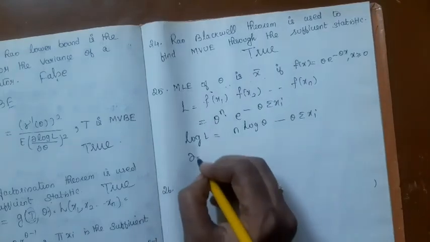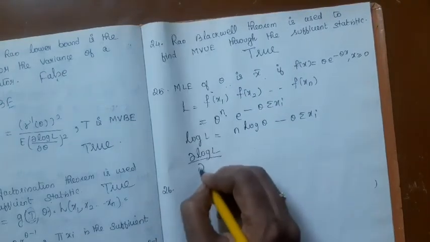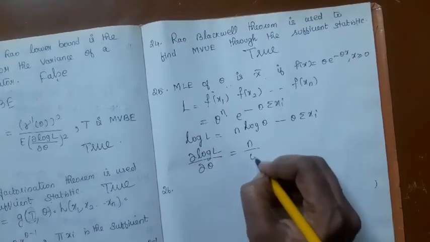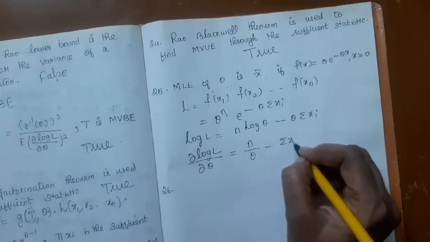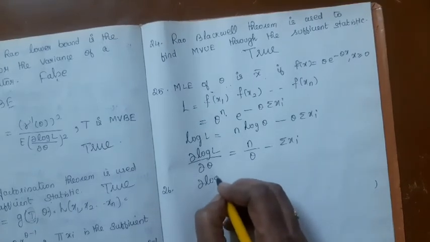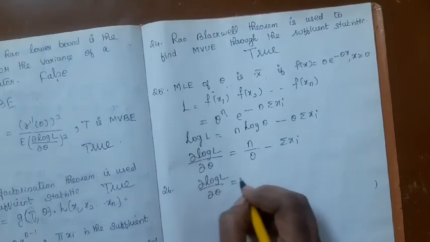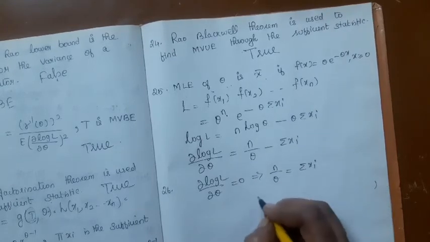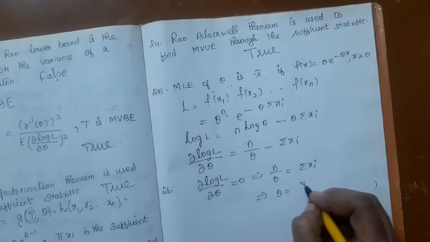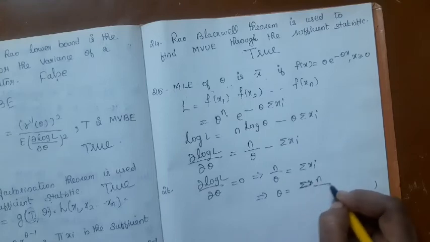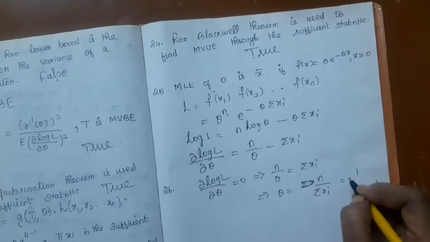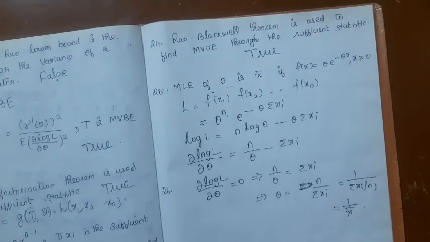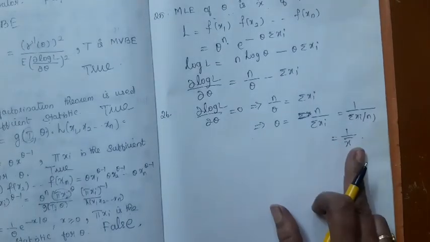Now dou log L by dou theta. I want to find that value of theta which maximizes L. So n by theta minus summation xi. If I substitute dou log L by dou theta equal to 0, I get n by theta equal to summation xi, which implies theta is equal to n divided by summation xi. That is 1 by summation xi by n. That is 1 by x bar. So theta is 1 by x bar.